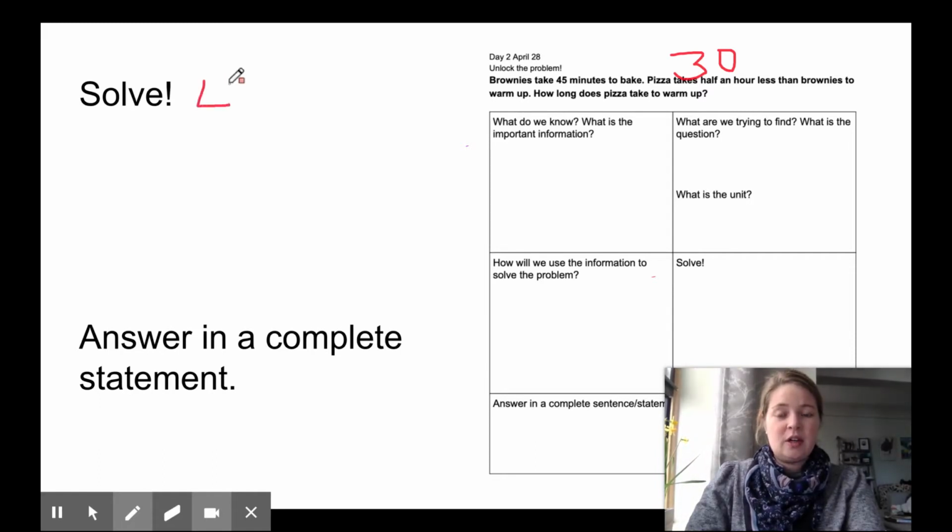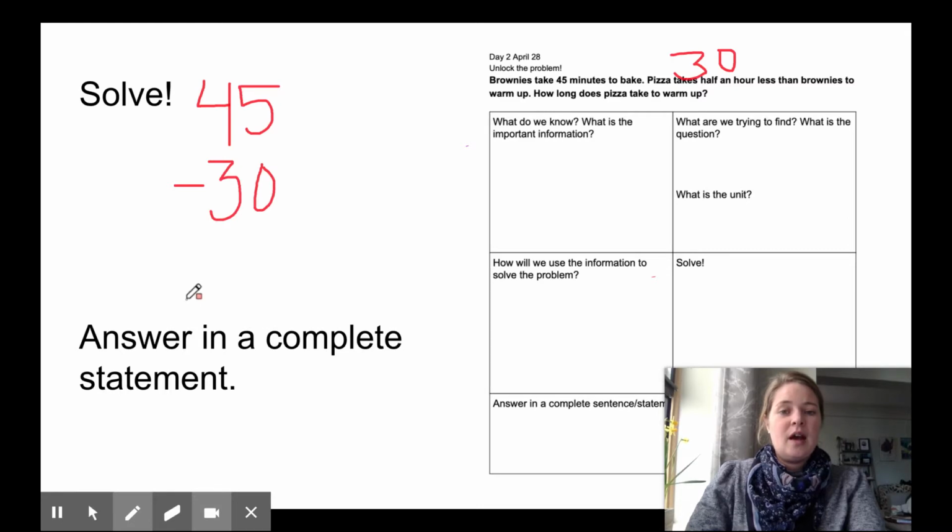So I'm starting with 45 and I'm taking away 30. I'm starting with 45 minutes because that's how long the brownies take. And I'm subtracting 30 because it's less for the pizza.